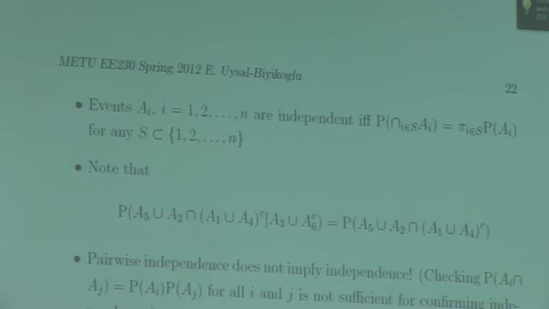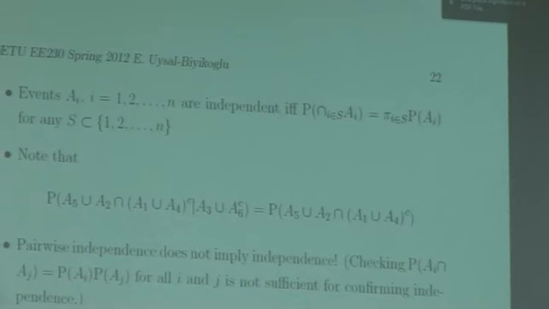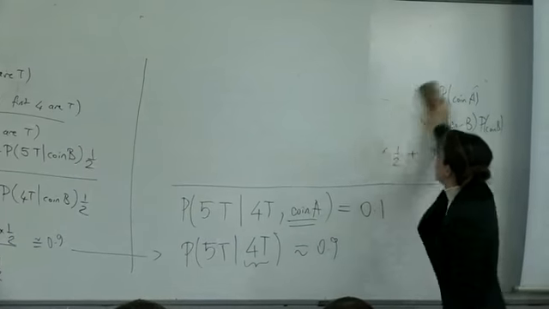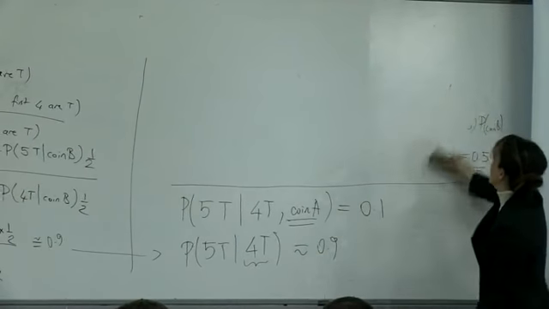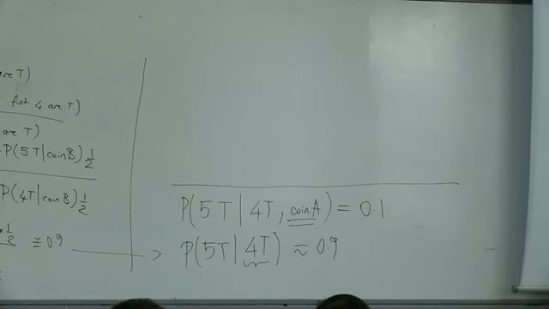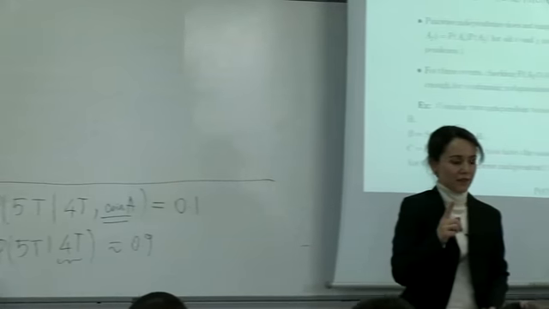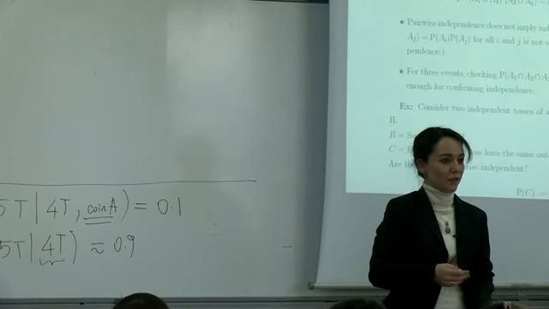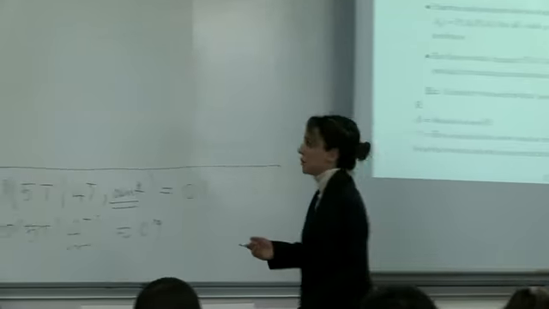When N is 3, how many conditions do we need to check? The set {1, 2, 3}, how many subsets does it have? 8 subsets. But one of the subsets is empty. That makes 7. 3 of the subsets are of size 1 only. That leaves 4. We need to check 4 conditions.